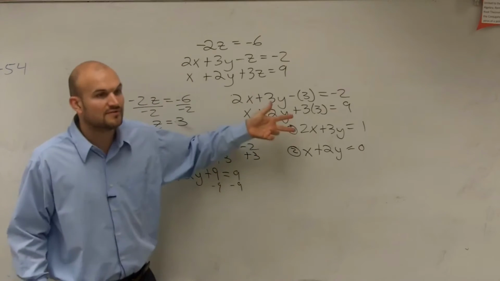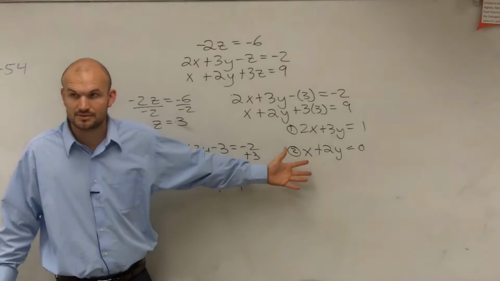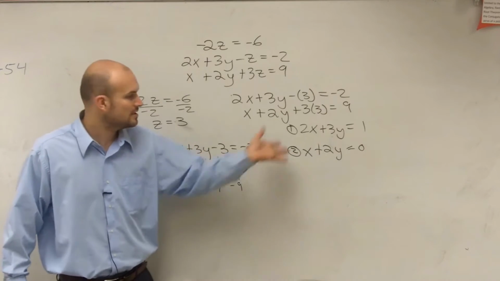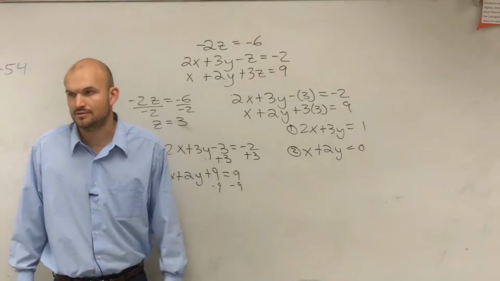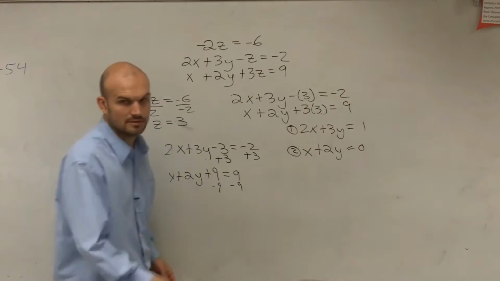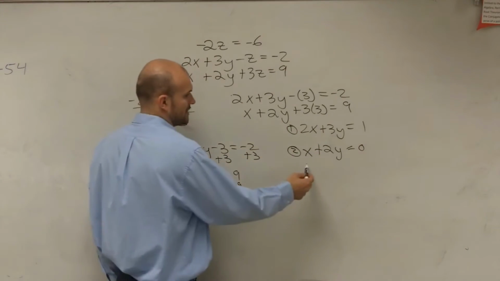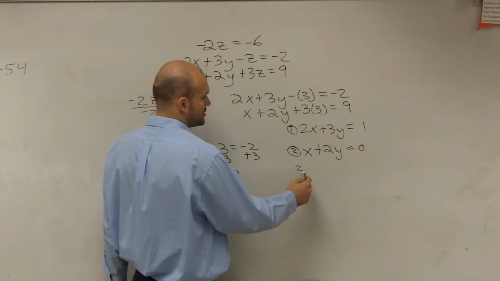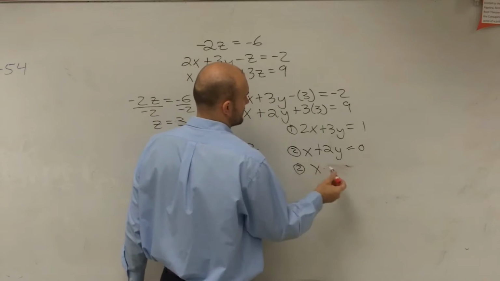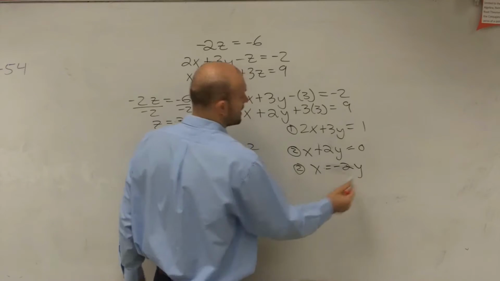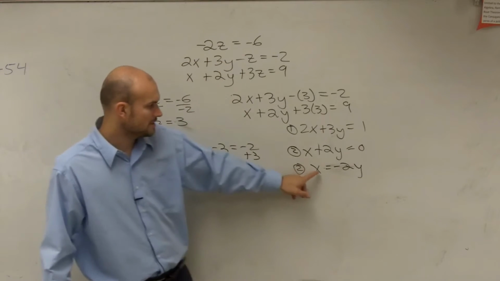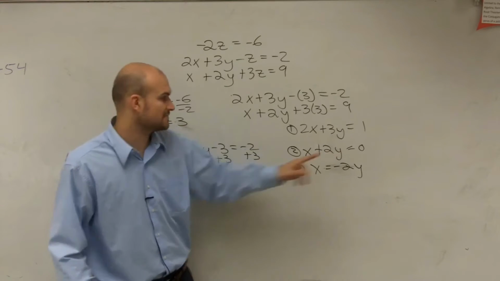Now I have a system of 2 equations and 2 variables. So now I can use what? Elimination, substitution, whatever. What would be the easiest way to do it right here? Substitution, yeah, I could use that way. So I could rewrite number 2 as x equals negative 2y.